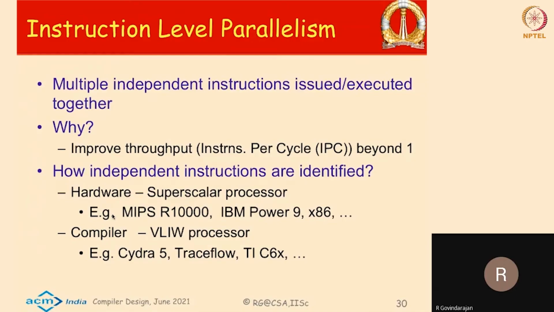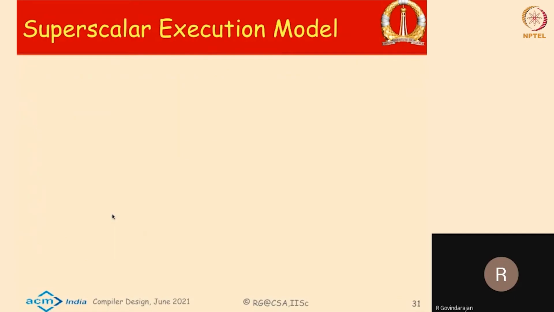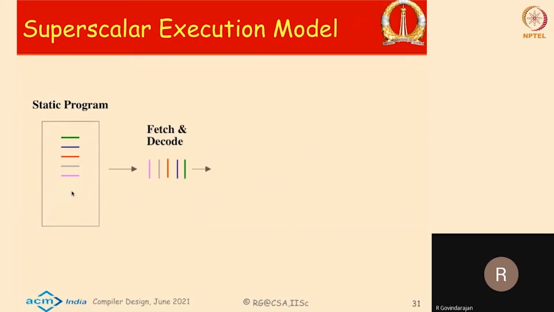Okay, so let's see what that means in terms of the superscalar processor execution model. Typically we have a sequence of instructions. I have color coded them in different colors. Let's say these instructions are fetched in program order, the order in which they appear in the program. Then when they are decoded, the processor understands the dependencies between these instructions.